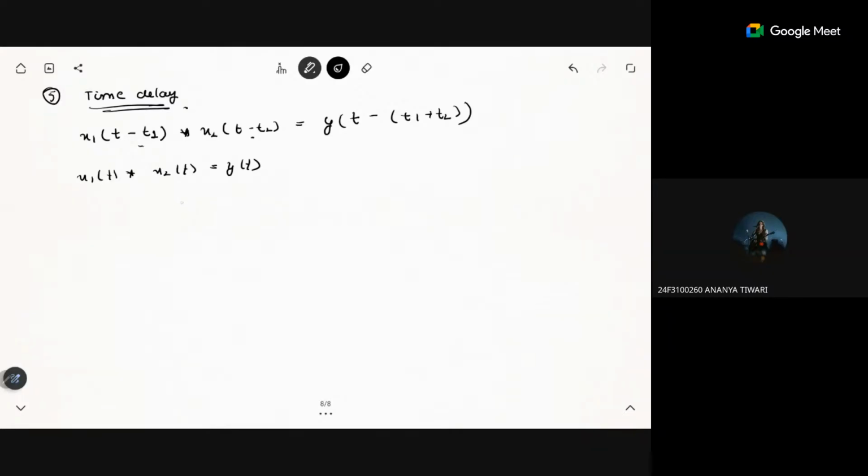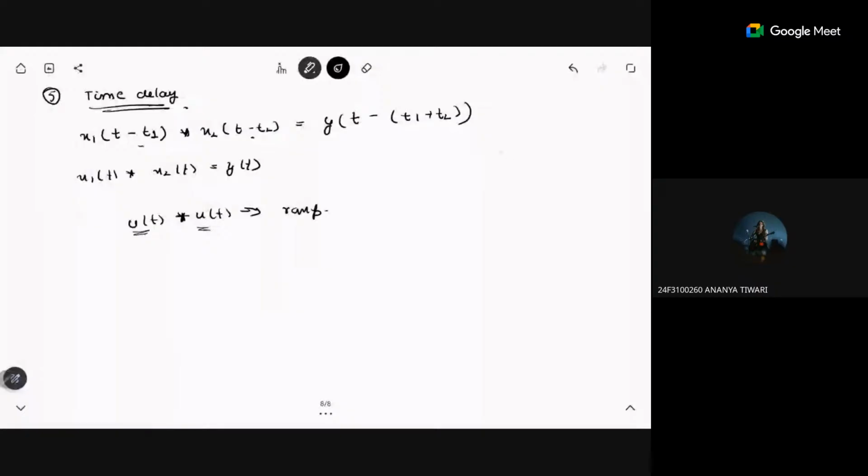So tell me, u of t convolved with u of t will give what? Step signal convolved with step signal will give what? Ramp. Right, ramp.